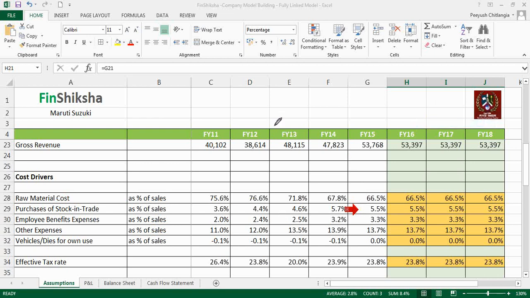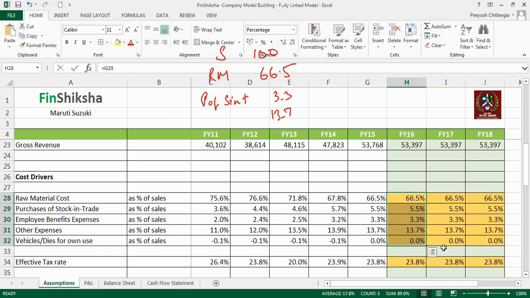It means that essentially if your sales were 100, then raw material cost was 66.5. Then purchase of stock in trade was 3.3, and then you have other expenses which was rupees 13.7. Those kind of calculations is what will come into the picture, and we assumed for subsequent years that these numbers will remain the same. So there's no change in these numbers.